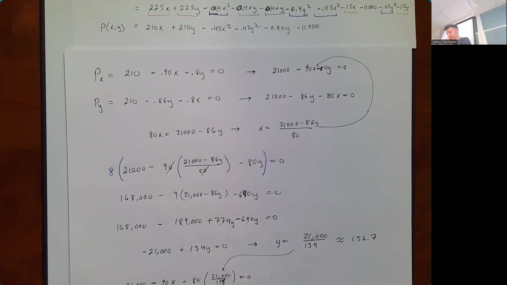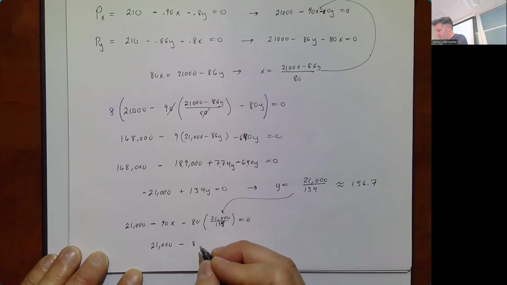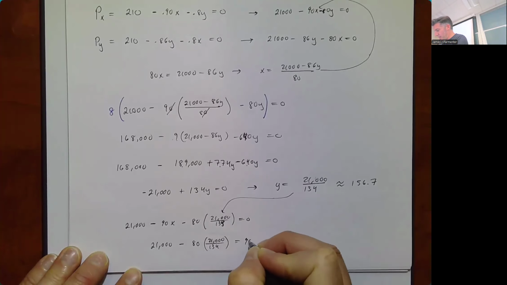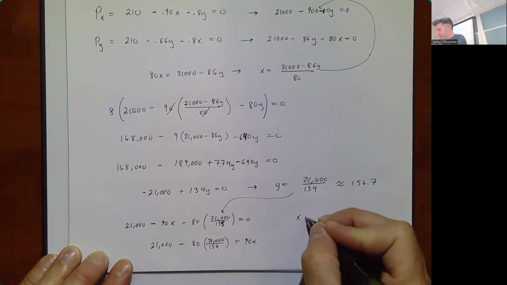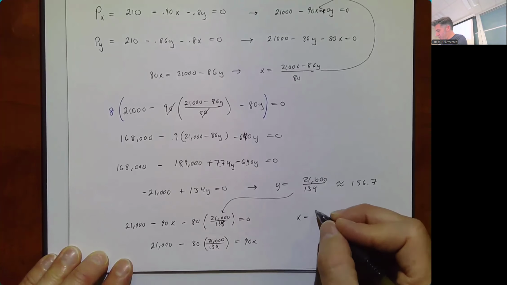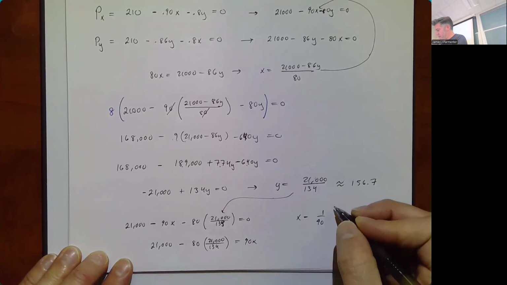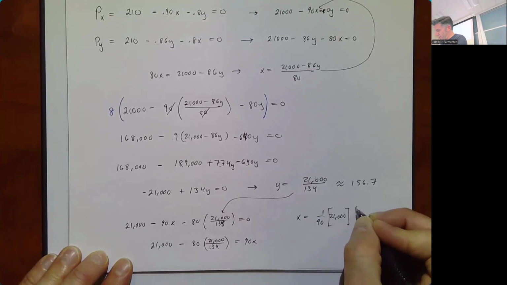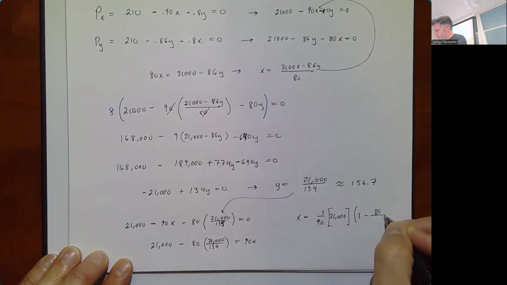And then we could solve for x in the same sort of way. So it looks like 21,000 minus, oh, thank you, sorry, minus 80 times 21,000 over 134 is equal to 90x. So x is some terrible number. 1/90th times, I'm going to factor out the 21,000 as well: 21,000 times 1 minus 80 over 134.